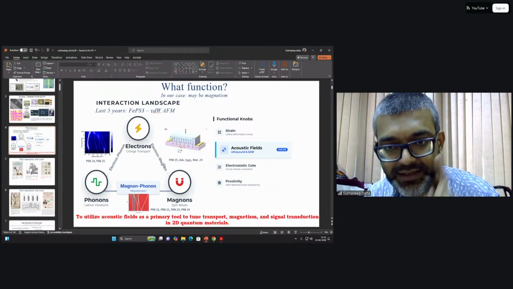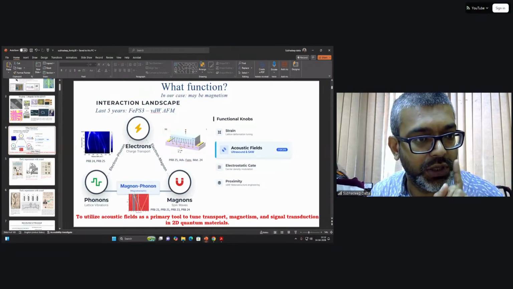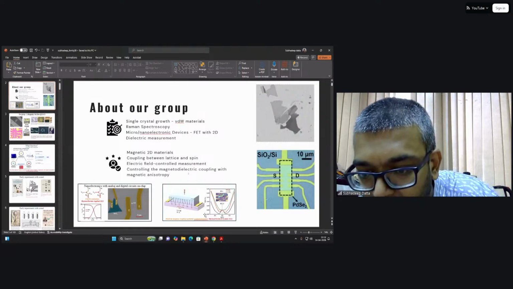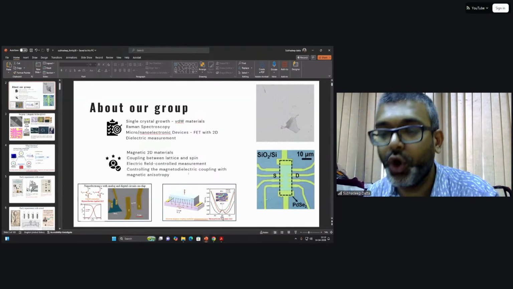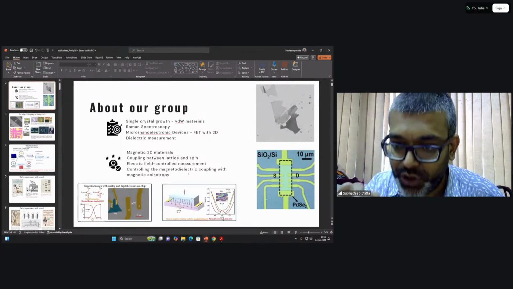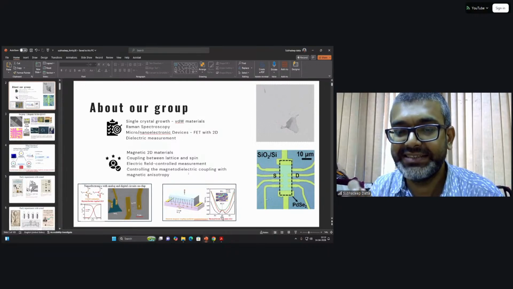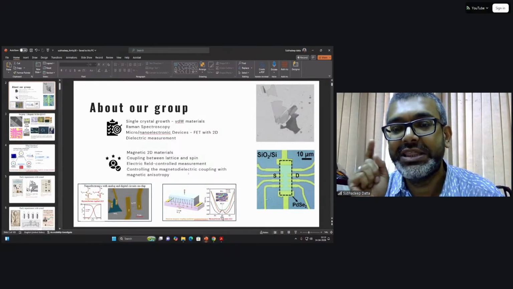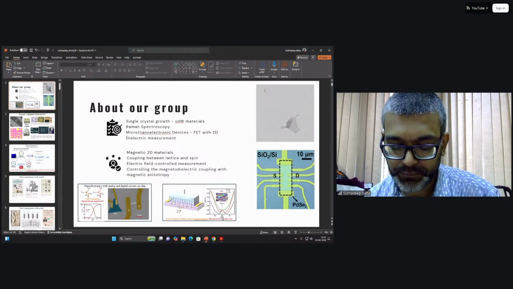And that current is coming from the electron magnon interactions. To give you this idea, this is the magnetoresistance and this is the magnetic field. If you create strain, this magnetoresistance will be changed. And that is the experiment which we want to do with the magnets. Okay, thank you, sir.